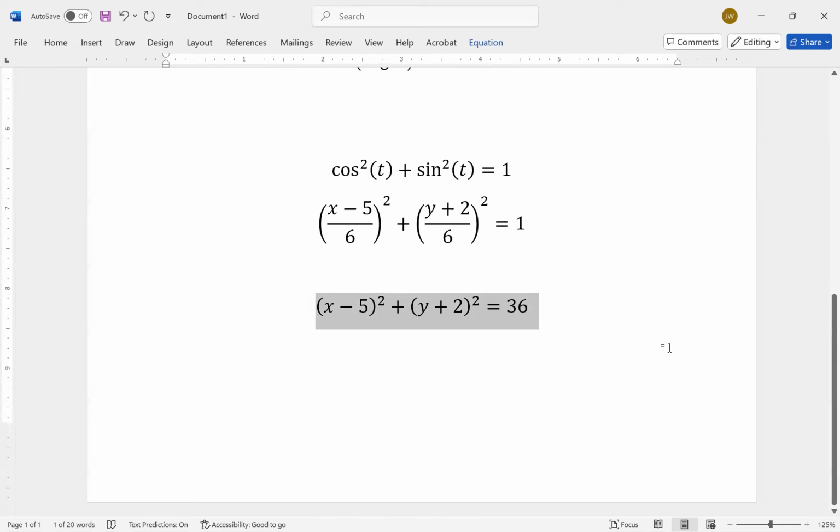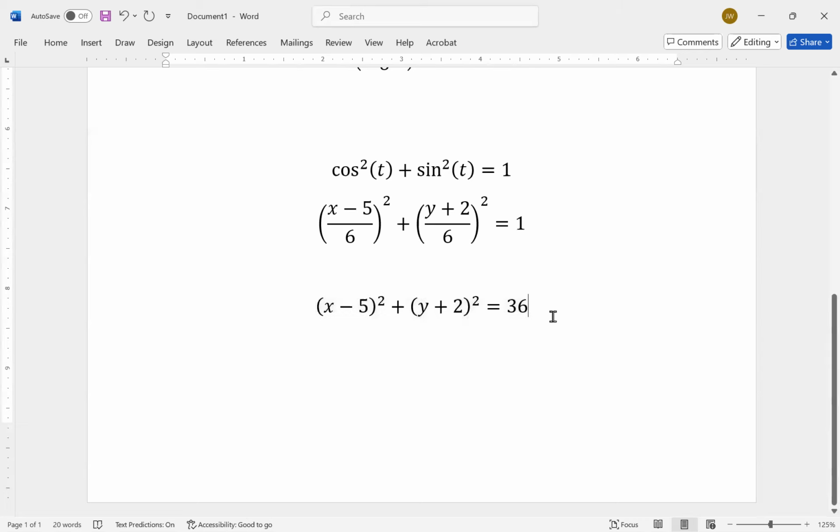This rectangular equation we hopefully can recognize is a circle of radius 6, and the center of that circle would be at the point (5, negative 2). So it's the circle of radius 6 centered at the point (5, negative 2). So it's that conic section.